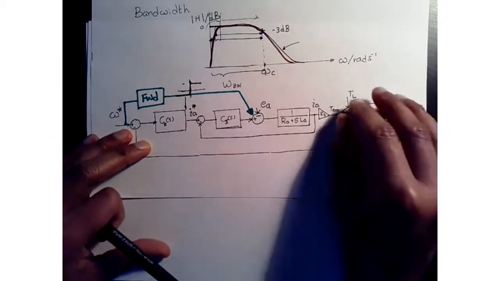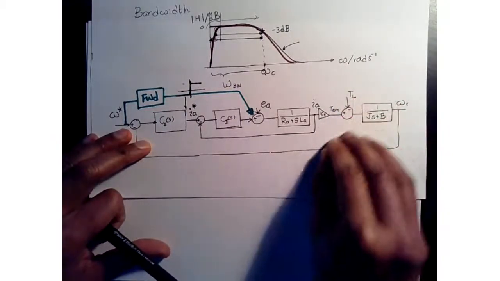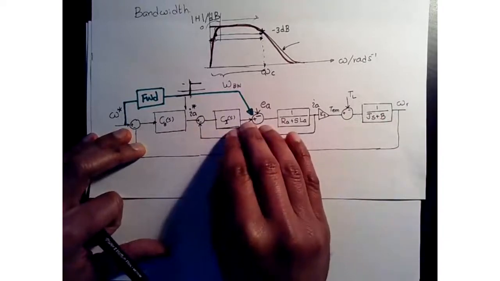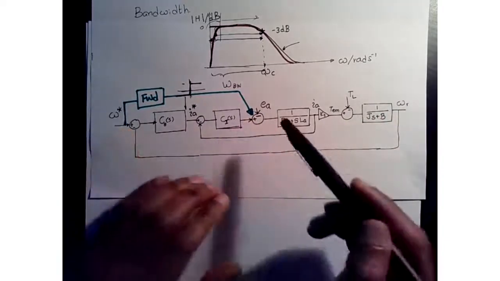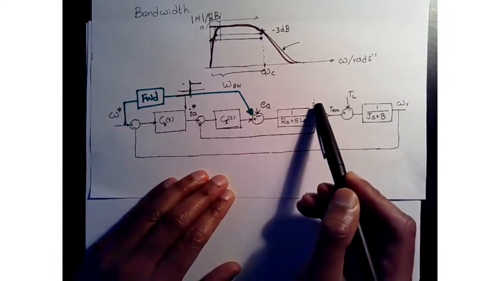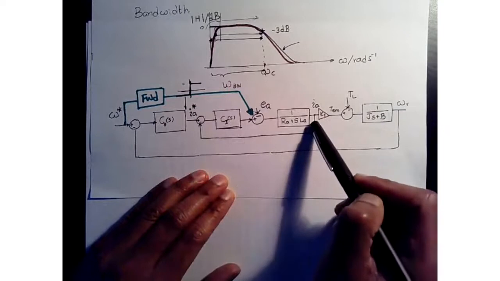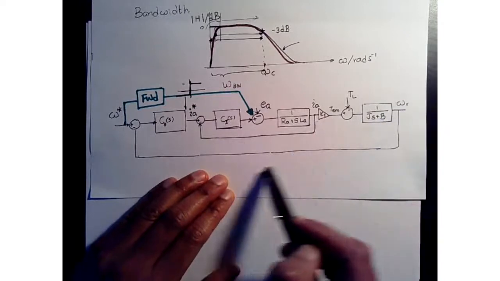That means the speed control loop is executing slower than the torque control loop. When we do that, what can we say about the dynamics within the current loop compared to the speed loop?